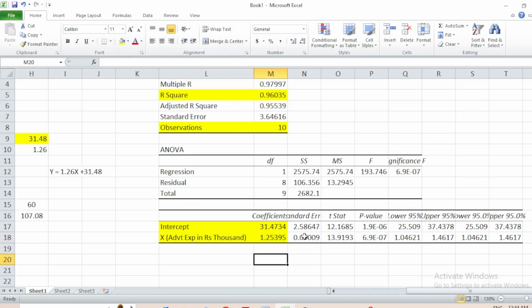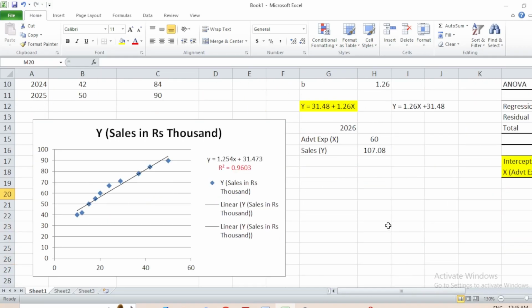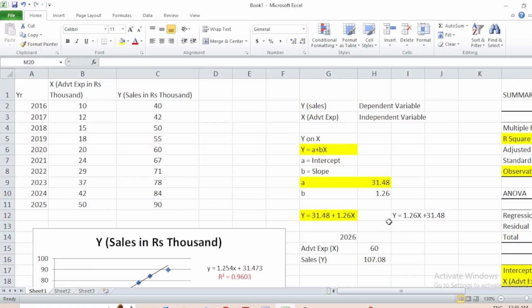So with Excel, a lot of time could be saved and you can easily show the regression equation as well as the scatter diagram. I hope this point is clear to all of you.